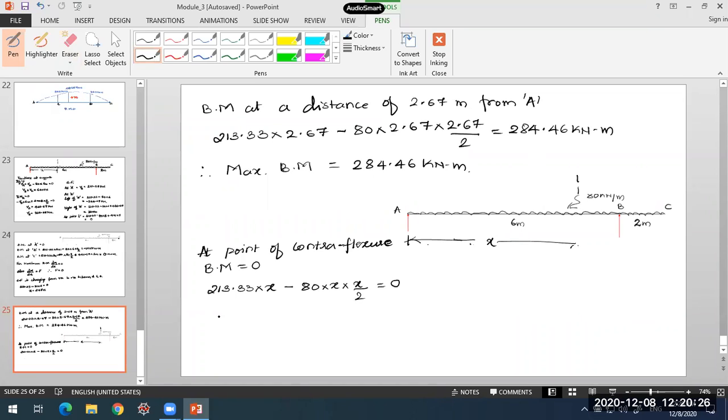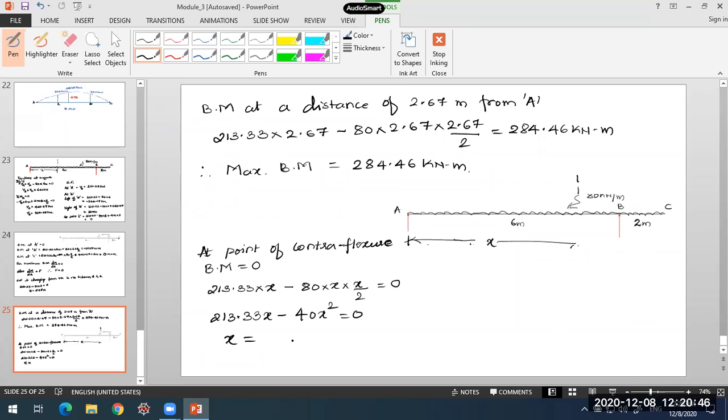So this is 213.33x minus 40x square is equal to 0. You can solve it easily, divide throughout by x and find the x value.